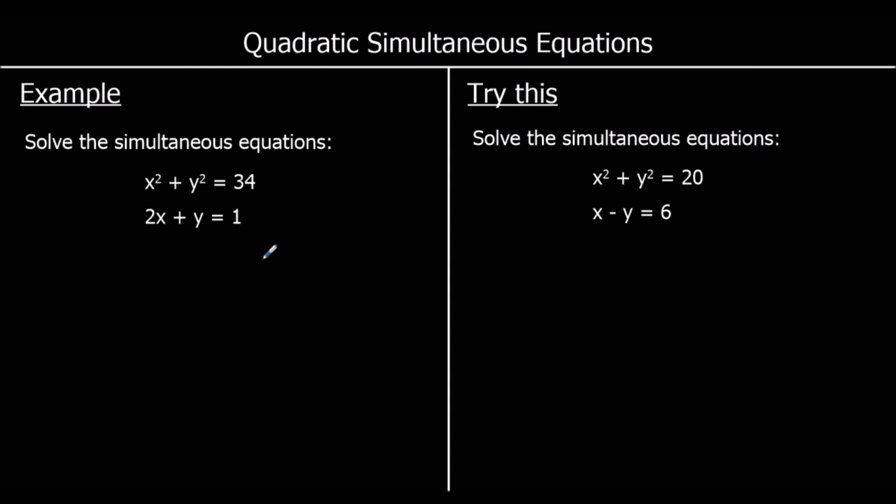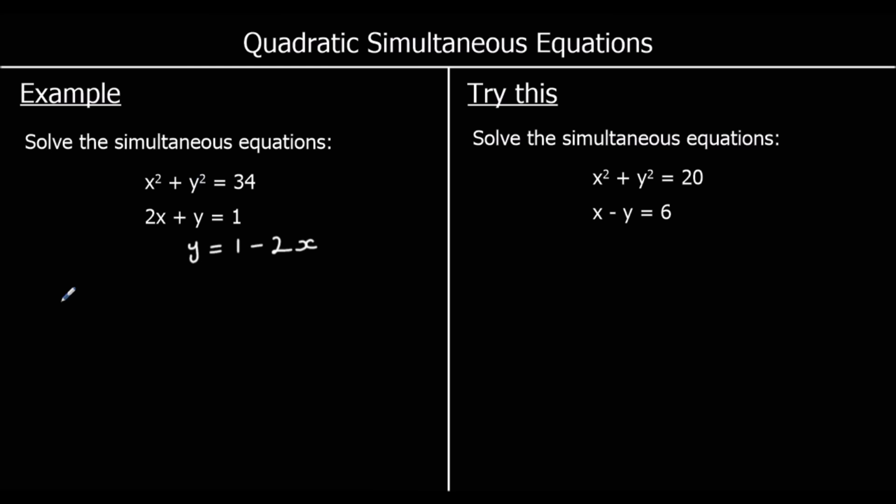We rearrange our second equation to make either y the subject or x the subject, so we can substitute it in. The easiest way to do it is going to be to take 2x away from both sides. So y will be 1 minus 2x. So now we can substitute 1 minus 2x in for y in our circle, in our top equation.